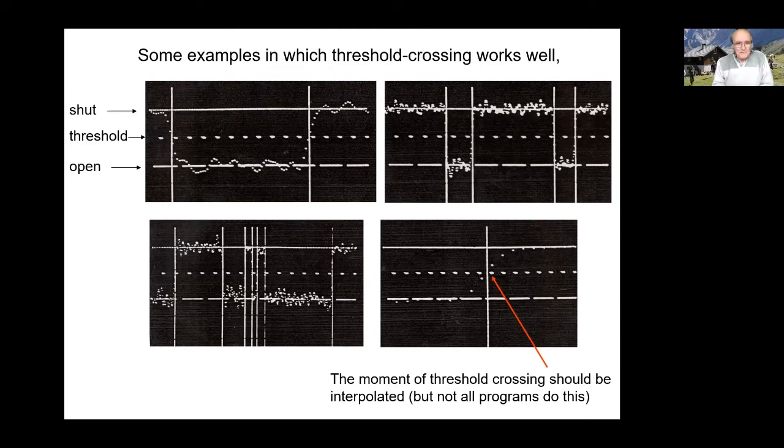And that just throws away information. It's silly. Also, some of the other methods which have been used, in particular by Auerbach's group, the segmented k-means method for detecting open and shut times, also do that, and it just throws away a lot of useful information.